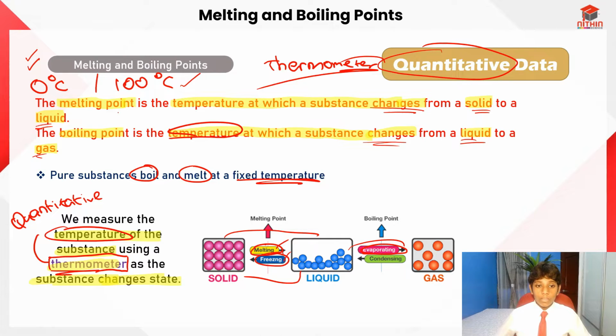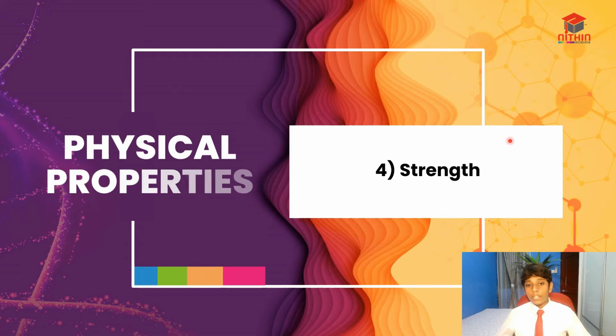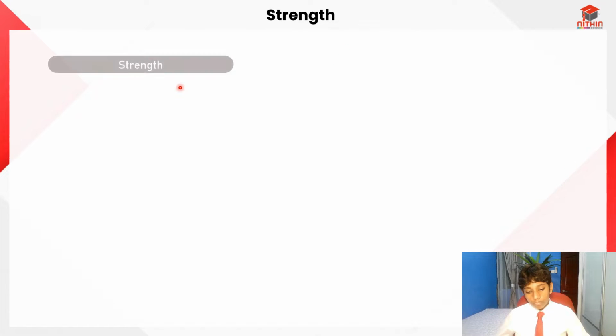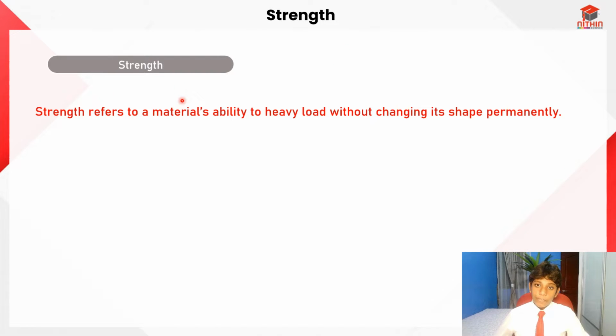So for the next segment of this video, the fourth segment, I'll be going through the physical property of matter, strength. Let's take a look at it. The definition of strength: strength refers to a material's ability to bear heavy load without changing its shape permanently.